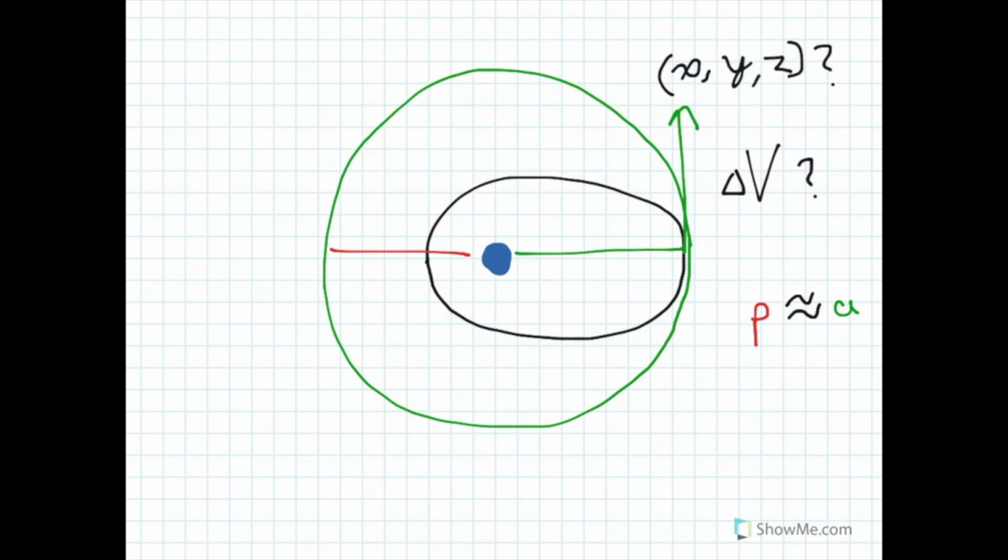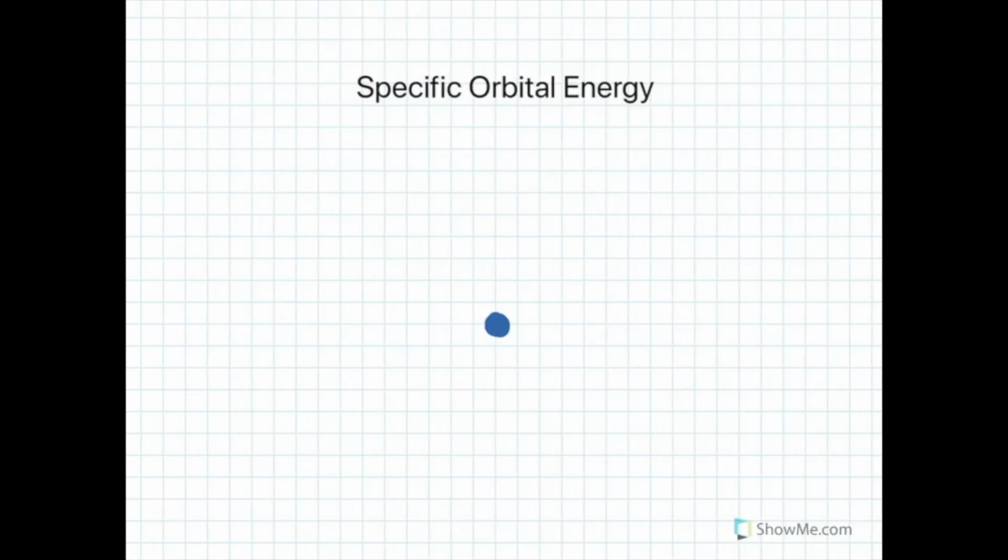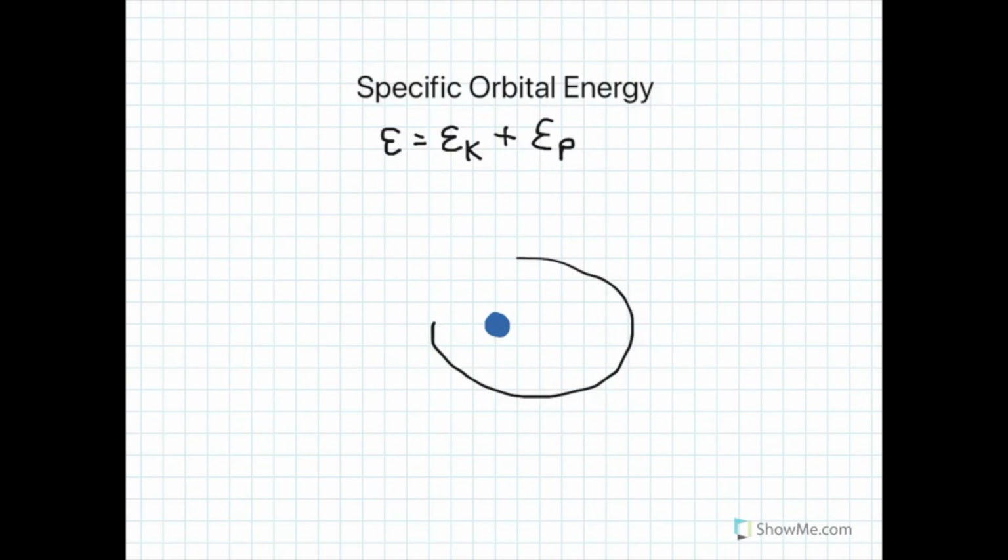In order to calculate delta V, we can use the concept of specific orbital energy. The specific orbital energy of a satellite is equal to the sum of its kinetic energy and its potential energy. As the satellite moves along its orbit, its specific orbital energy remains constant. But if it is an elliptical orbit, the amount of energy attributed to the potential and kinetic energy changes proportionally.